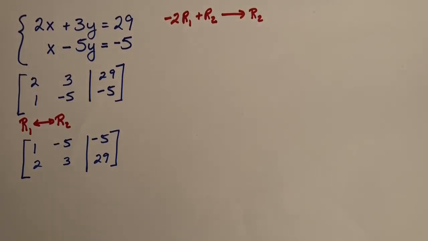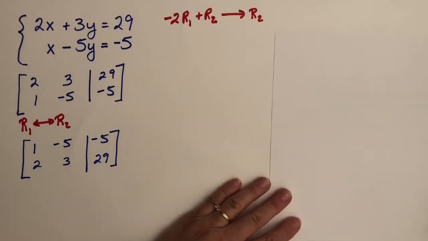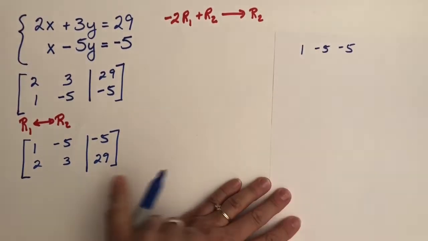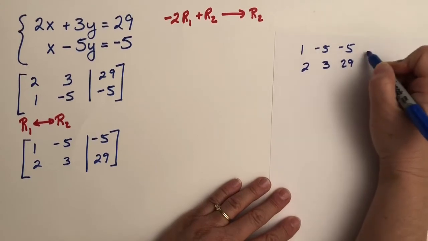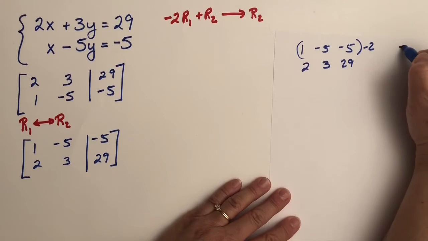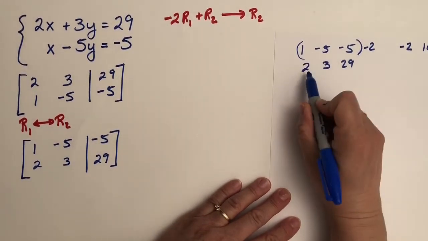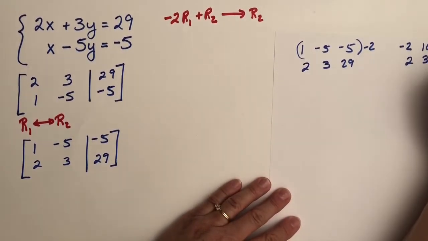So here we go. You can do this in your head. If you need a piece of scratch paper, go ahead and grab one. If we were going to do this on our scratch paper, here's my row 1. It's 1, -5, -5. I'm just copying this down. And 2, 3, 29. There's my row 2. So we're multiplying this row by -2. So we would have -2, 10, and 10. And we're adding it to row 2. So that's 2, 3, and 29.